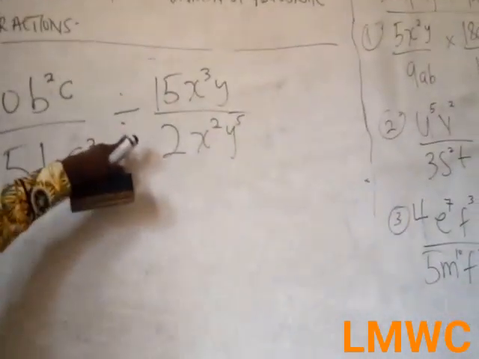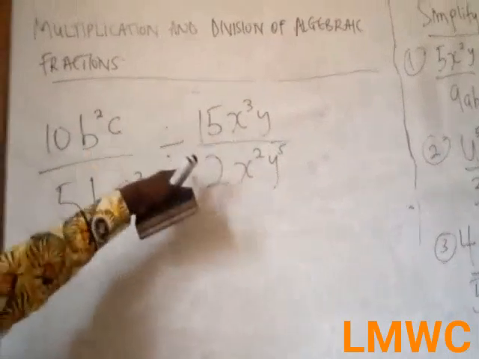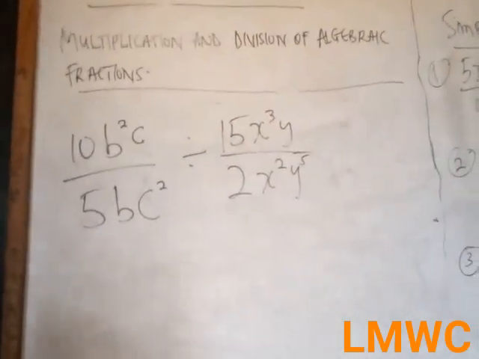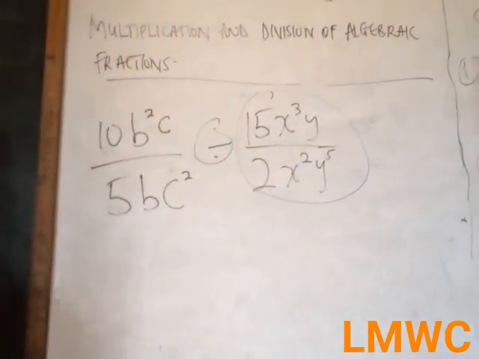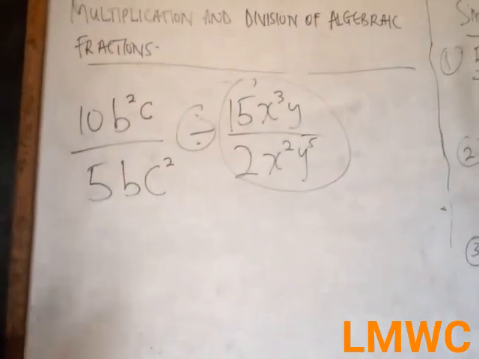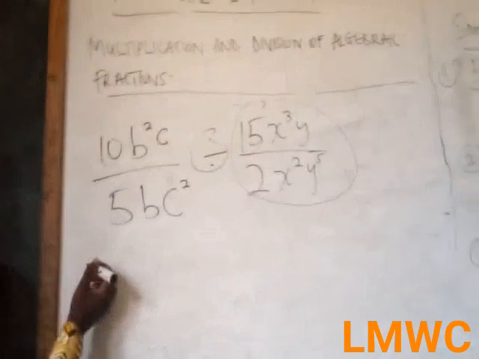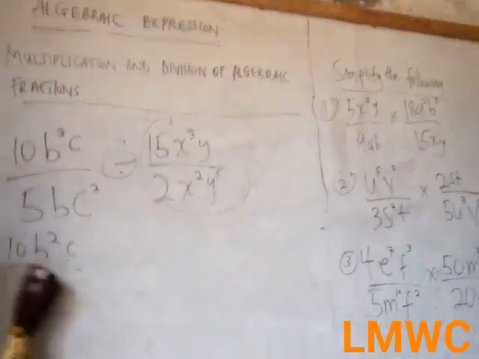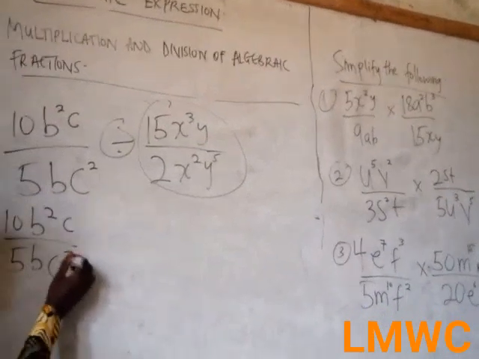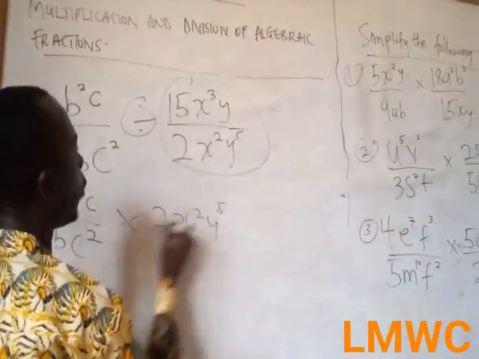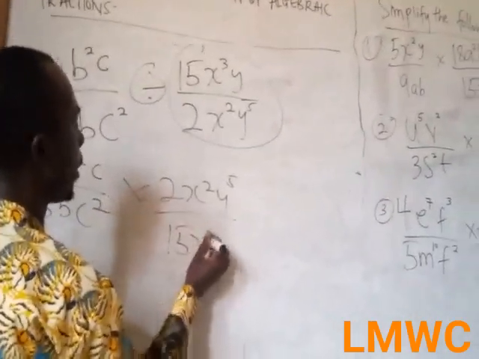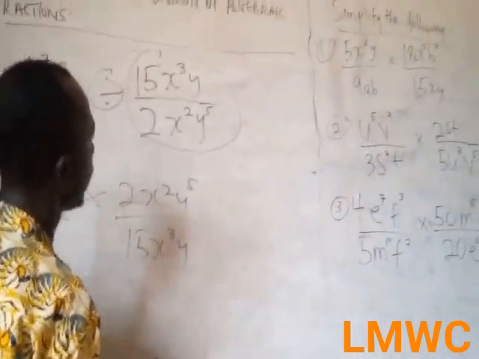So you see, I've given here a division, but this time you will change this one to multiplication, and to change this one, you find the reciprocal of this. You find the reciprocal for that. So it becomes 10b^2 c over 5b c^2 times 2x^2 y^5 over 15x^3 y.